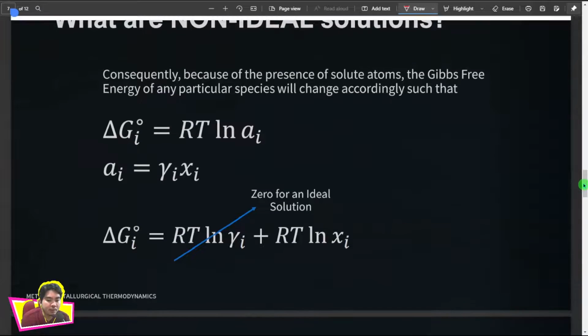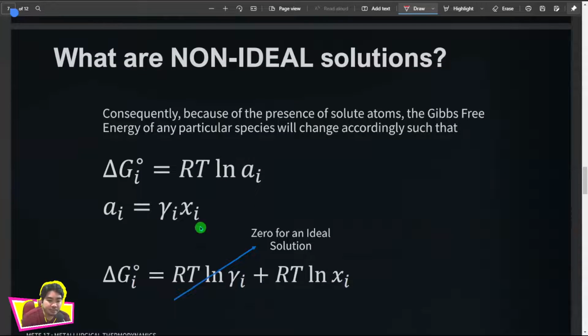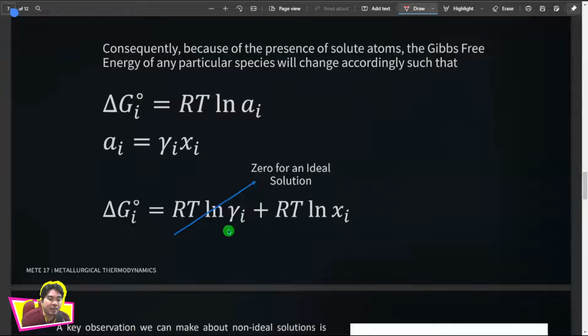Okay. Now, if we try to apply this activity to the Gibbs free energy, we can state that the Gibbs free energy for a particular species i is equal to RT ln of the activity of that species. Then if we introduce gamma, it just becomes like this: RT ln of gamma times x. So if you separate the two, it becomes RT ln gamma_i plus RT ln x_i.